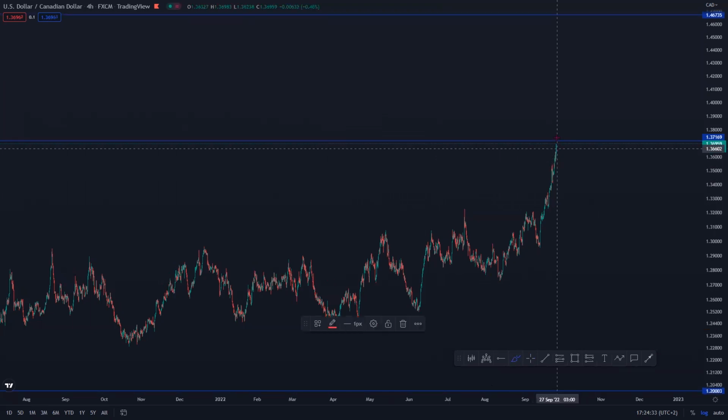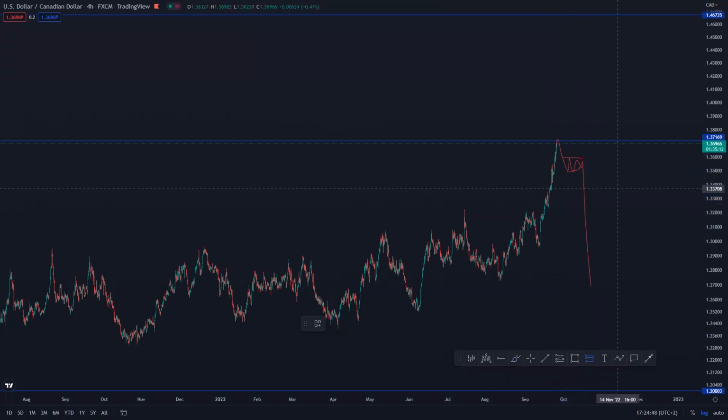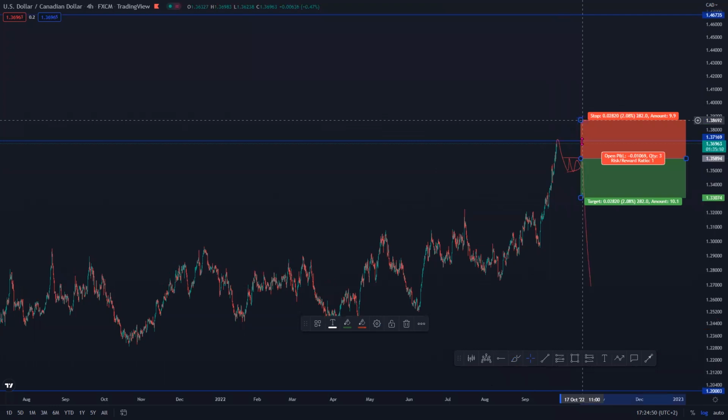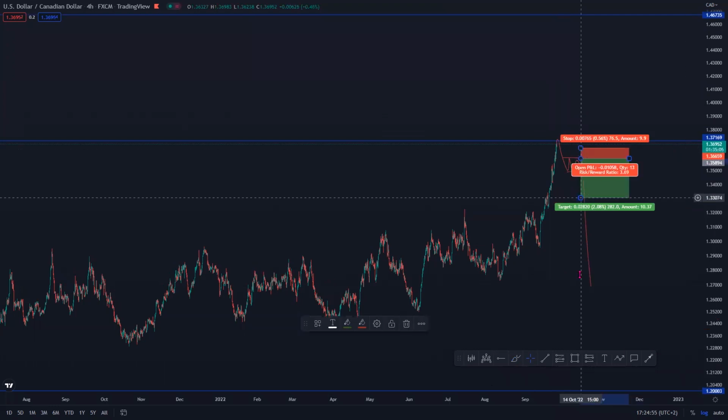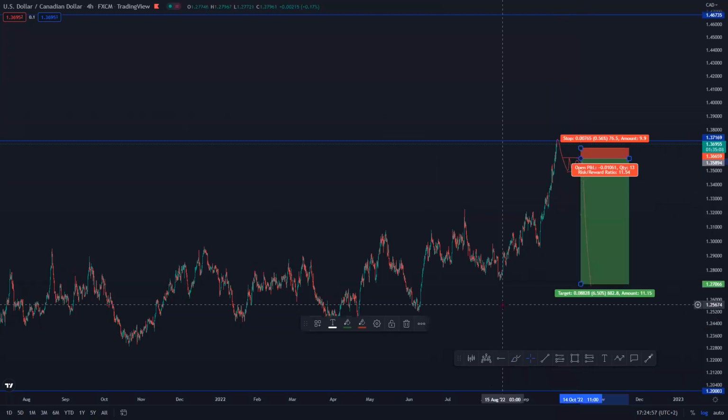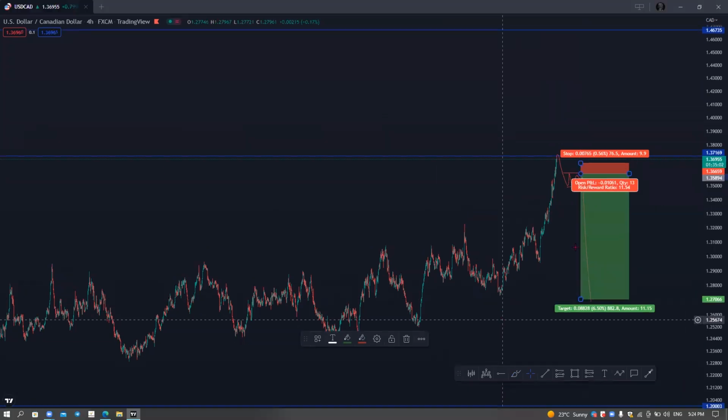Either the market tests this level right here and gives me a push and a correction. That's when I know, okay, I can start looking for my sell position around here. If there's something like this one around here, I don't have to force anything. We move to the next pair.